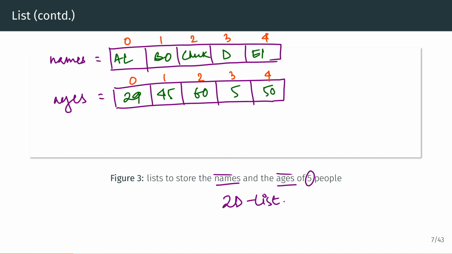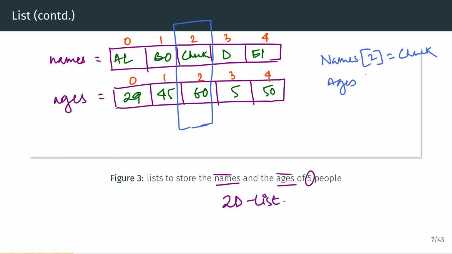Now you might be thinking, how do we get the name and age of a person? Now the idea here is that if you transpose these two arrays, and take any one index, let's say the index 2, the elements in index 2, so names 2 would be Chuck, and ages 2 would be 60.